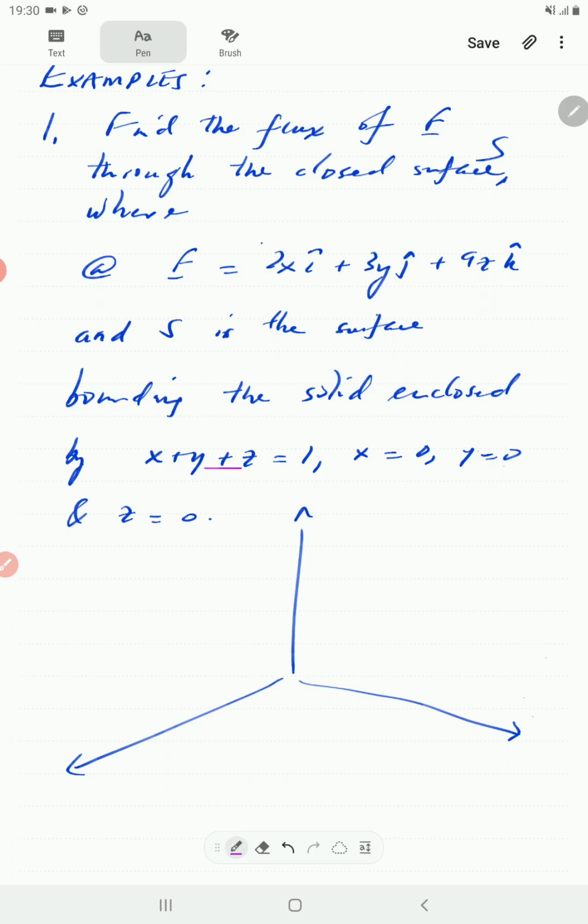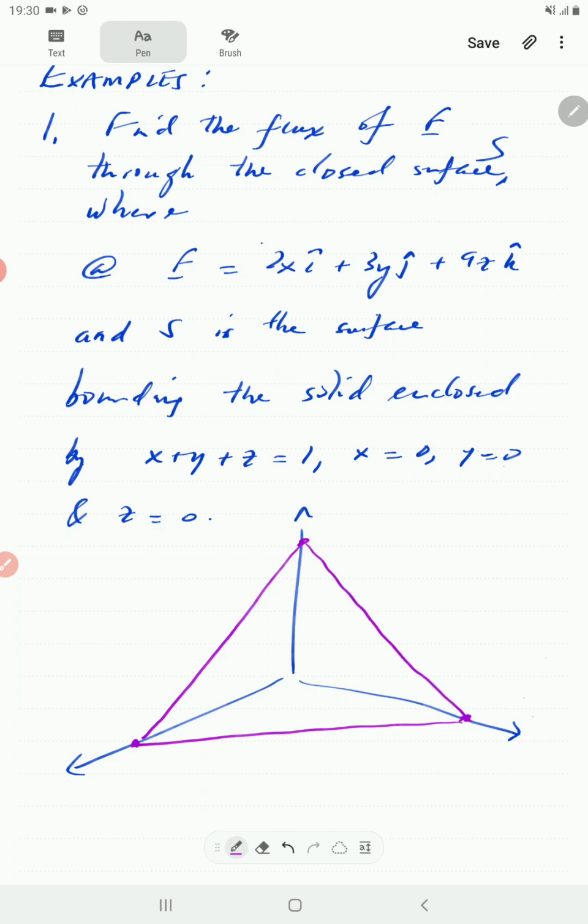Okay, this plane, when y and z are equal to 0, x is 1, that's going to be (1, 0, 0). When x and y are 0, z is equal to 1, that's going to be (0, 0, 1). And then when x and z are 0, y is 1, it's going to be (0, 1, 0). So the plane is going to go something like this.